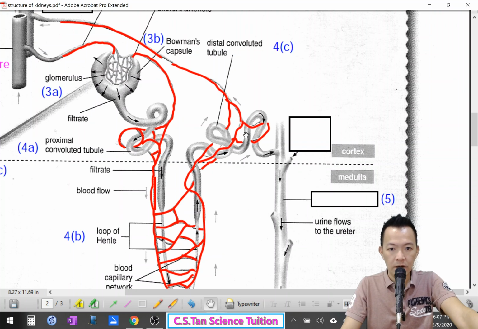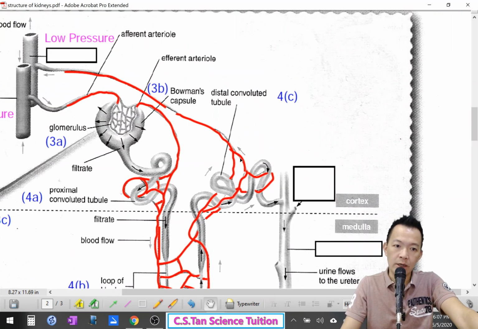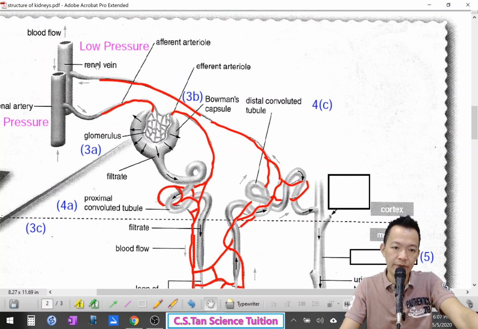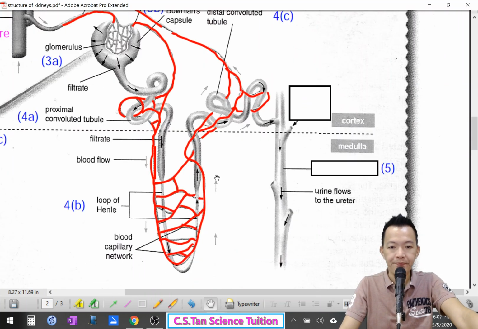They follow the distal convoluted tubule, and finally they join back. And when they join back, they go back to our hearts again. 它又流回我们的心脏了，对不对? Okay, so when they join back, they go to the blood vessel that we call the renal vein. So it can carry the deoxygenated blood back to our hearts again. So 这一条就变成大条的 renal vein 静脉回去心脏.